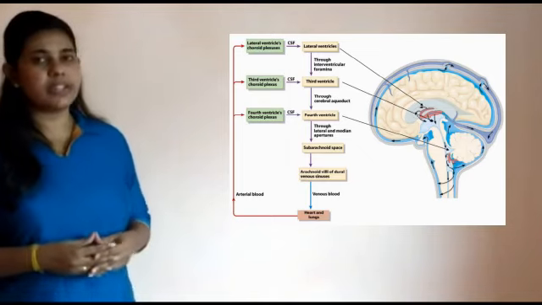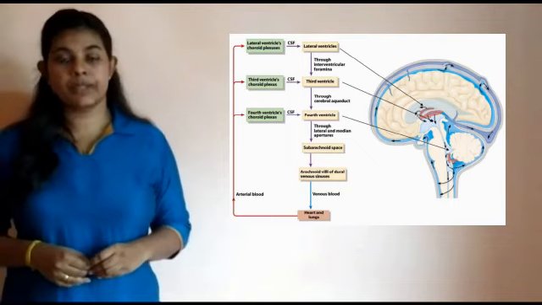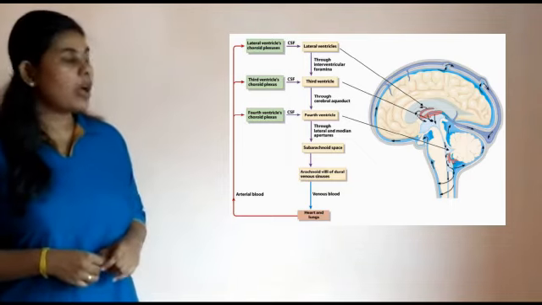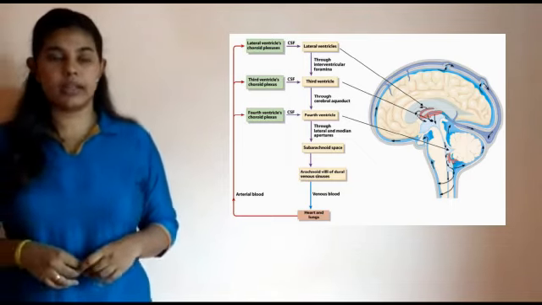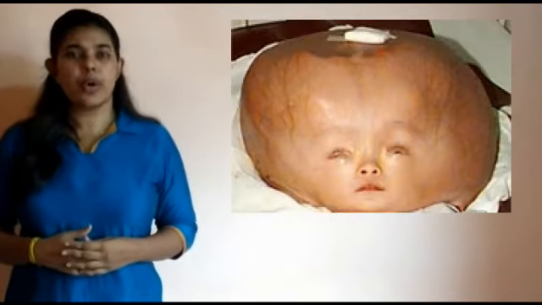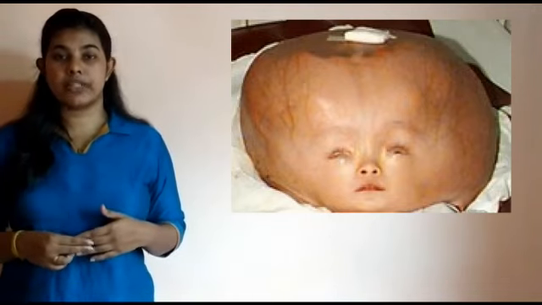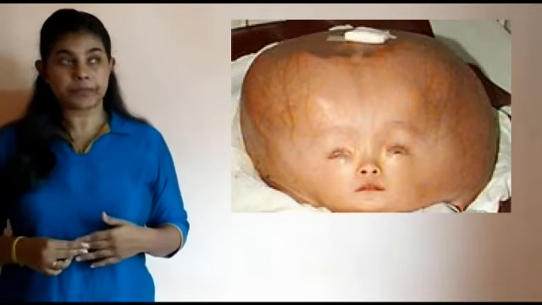If there is a defect in the circulation of the cerebrospinal fluid, we will see some clinical problems. The most common problem is hydrocephalus. What is hydrocephalus? It is an abnormal increase of the cerebrospinal fluid.